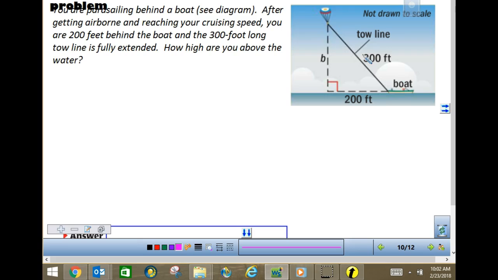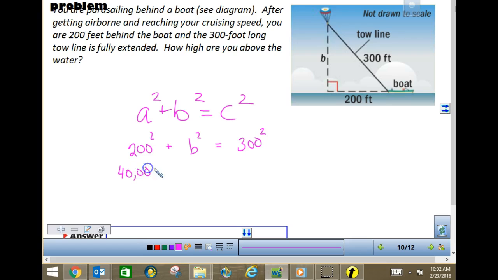So we are simply going to start with our a squared plus b squared equals c squared. What do we know? We know a and c, right? We know 200 squared. Does it matter if you put it in place of a or in place of b? No. What's nice about squaring 200 is if you square 2, you get 4, so this should be 40,000. You're just doubling the zeros, right?